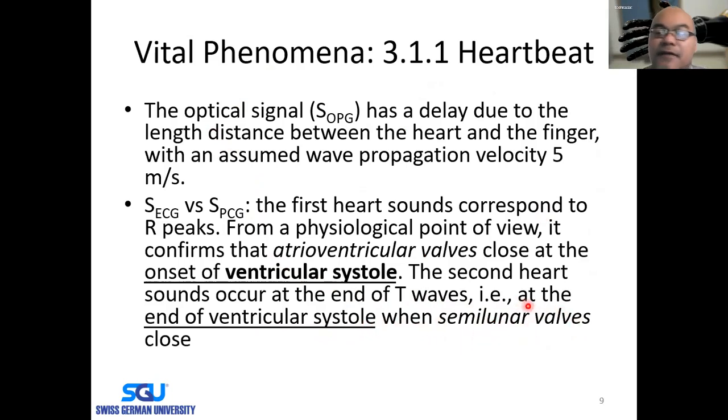The semilunar valves are the valves between the ventricles and the circulatory systems. When all the blood in the ventricles has been pumped towards the pulmonary and systemic circulatory systems, the semilunar valves start to close. This is the T wave.